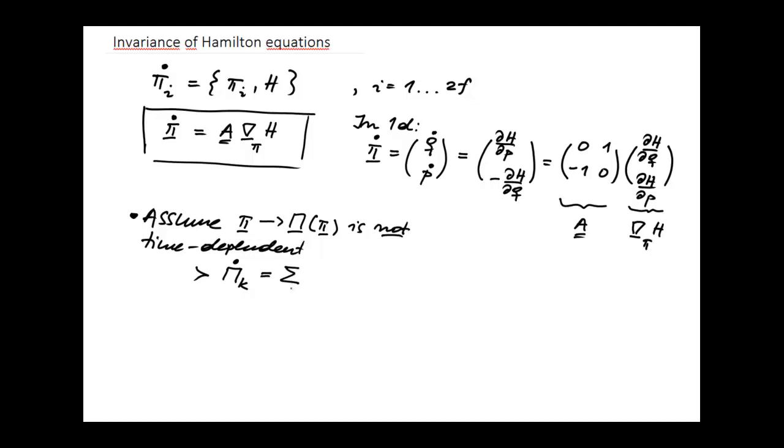So it's the sum over I going from 1 to 2f of the partial of capital Pi k with respect to little pi I times little pi I dot. This is the transformation for the time derivatives of the phase space coordinates, provided the coordinate transformation is not explicitly time dependent.